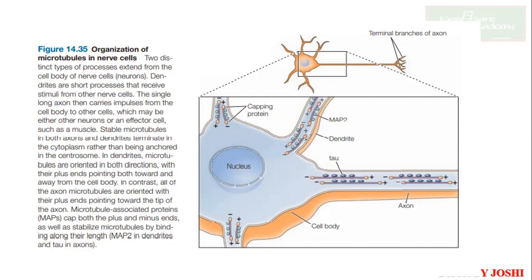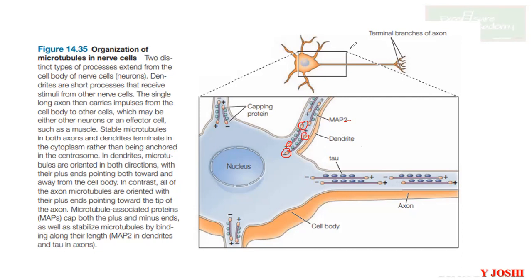It means they are not growing, they are not depolymerizing. These microtubules are neither polymerizing nor depolymerizing. Why? Because they are stabilized by the capping proteins present at both the ends, plus and minus, and they are associated with the MAP proteins, microtubule associated protein.